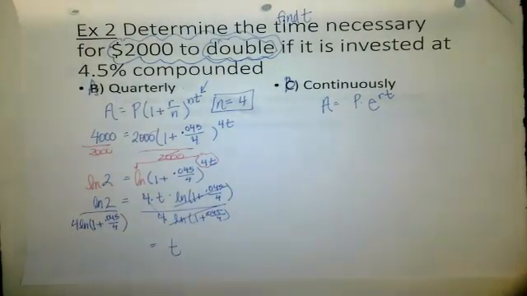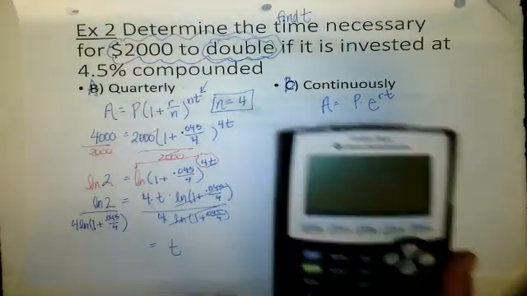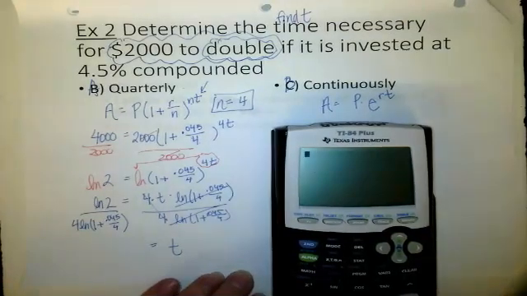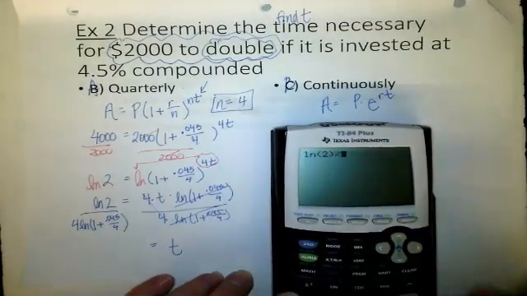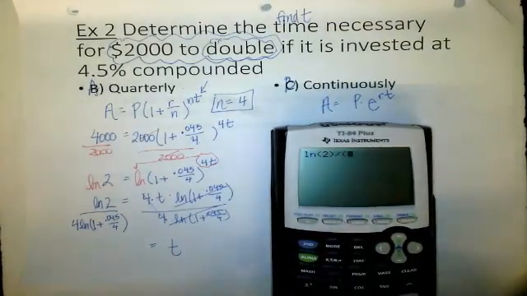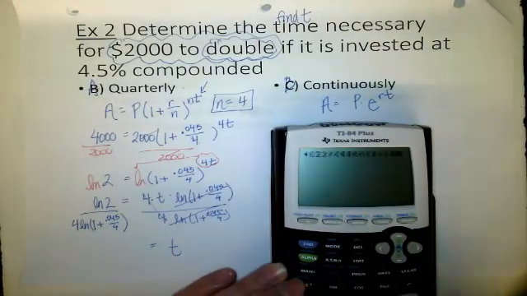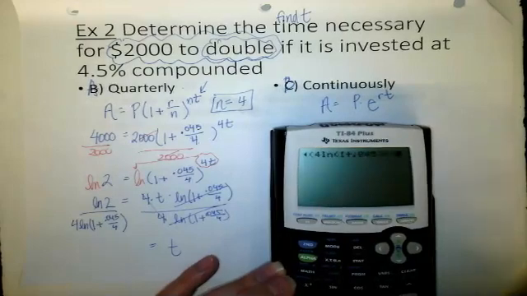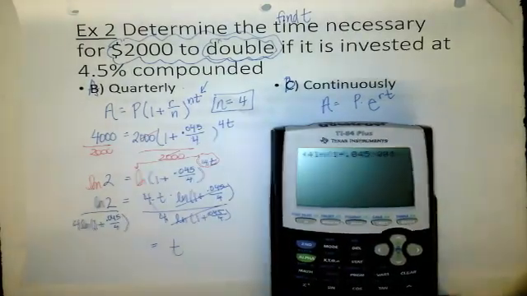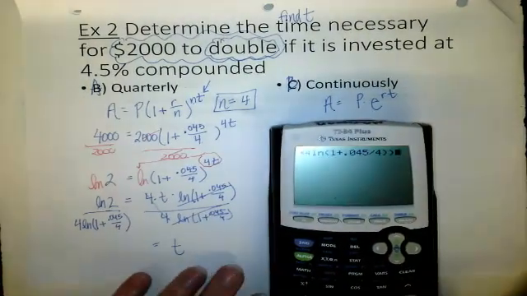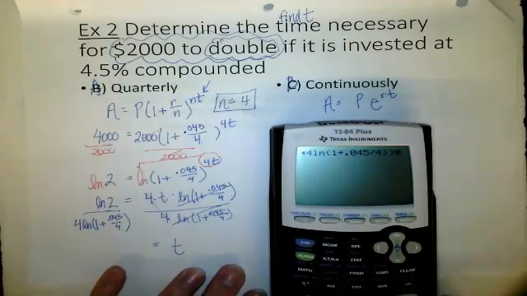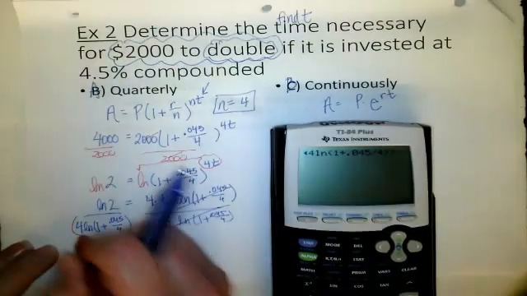And again, this is the hard part, it's really just plugging it into your calculator. But we did do a couple just like this in your homework. So I'm going to plug that into my calculator: the natural log of 2 divided by the entire 4 times the natural log of 1 plus 0.045 over 4. And just make sure you're plugging that in correctly. You can do it all in one long line if you're careful about putting parentheses on there.